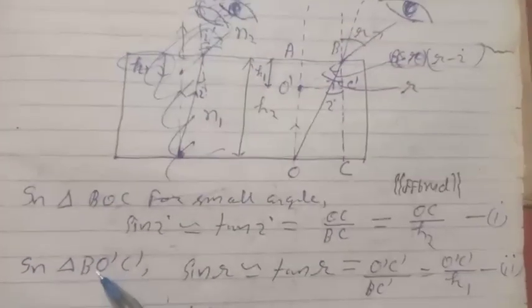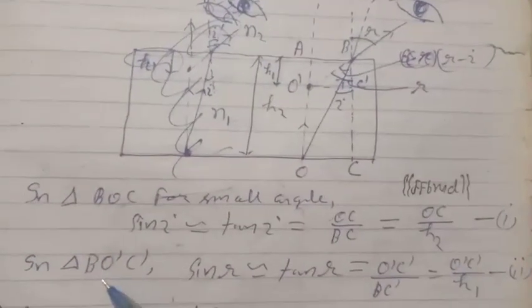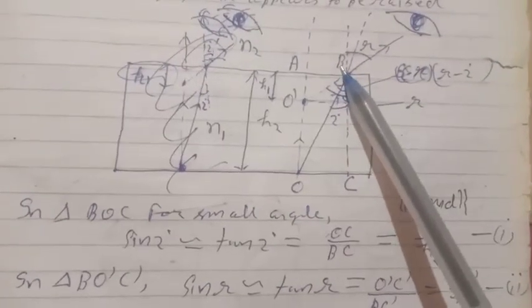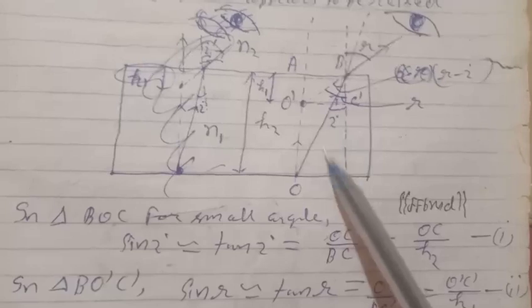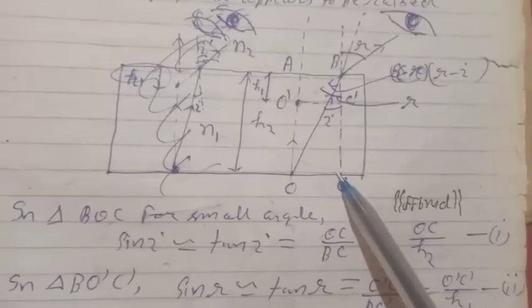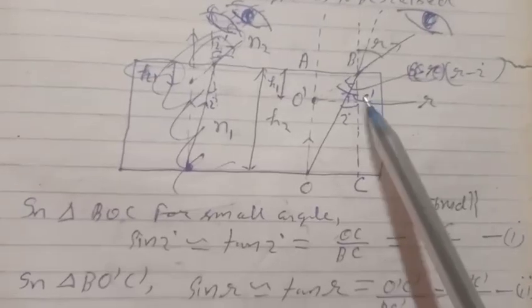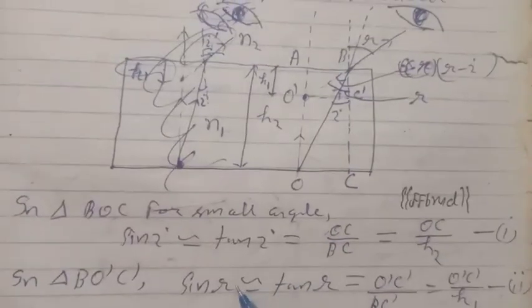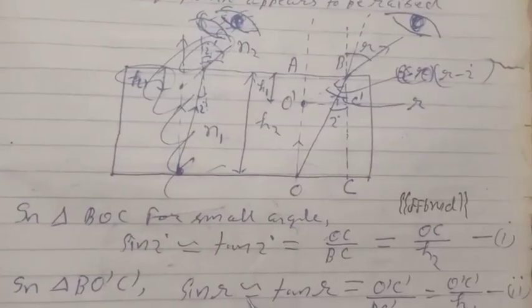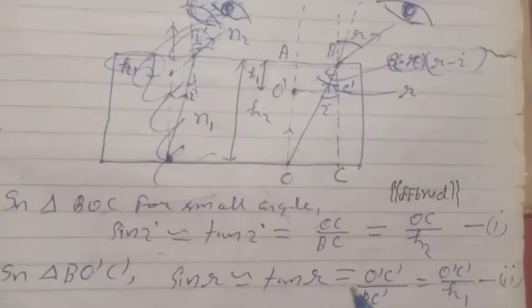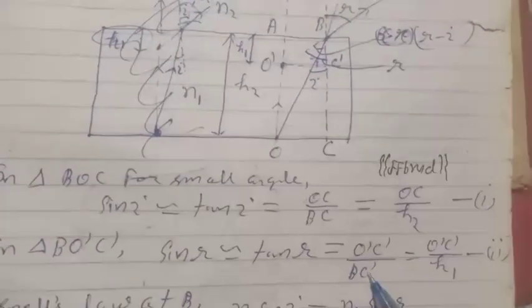And now in triangle BO dash C dash, sin R equals tan R equals O dash C dash divided by BC dash.